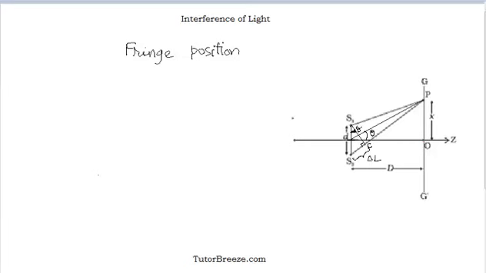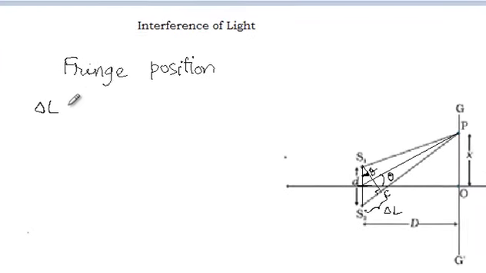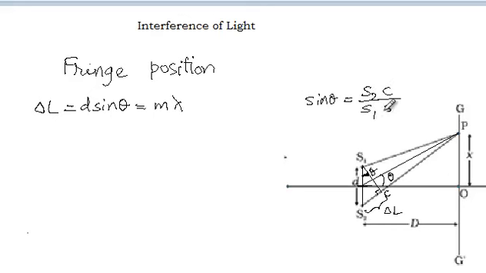The path length difference delta L equals m lambda gives us a case of constructive interference, and now delta L, which is equal to d sine theta, is equal to m lambda. See, if you look at this little triangle over here, then sine theta is equal to the opposite by the hypotenuse, which is S2C over S1S2.